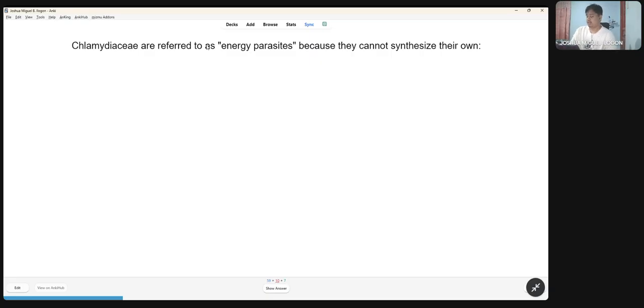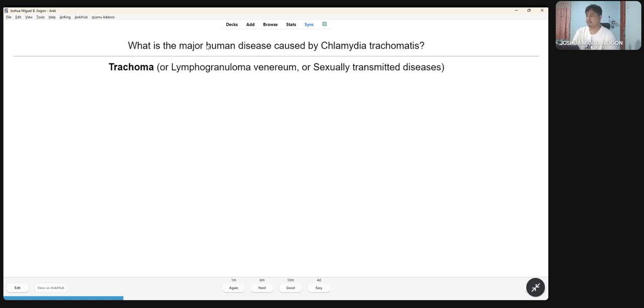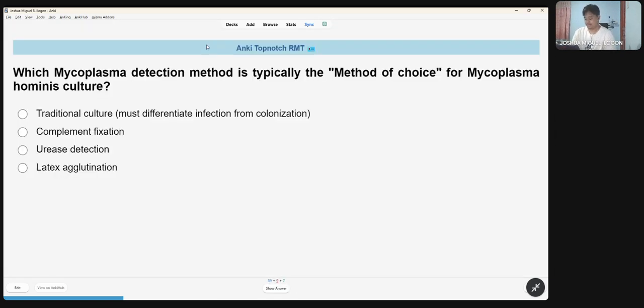They cannot synthesize their own ATP. Major human disease: trachomatis, trachoma, lymphogranuloma venereum.